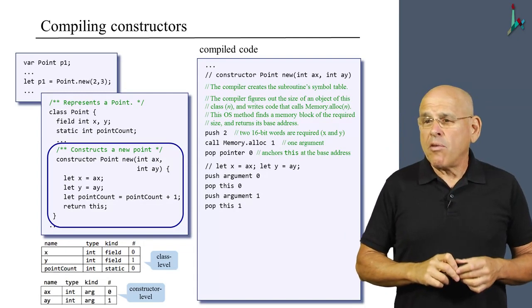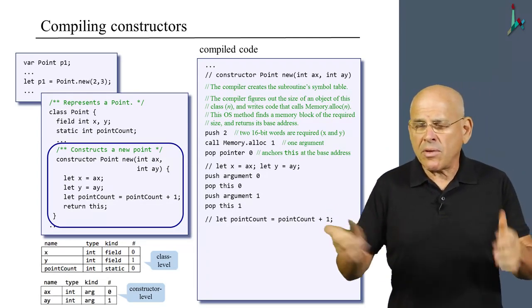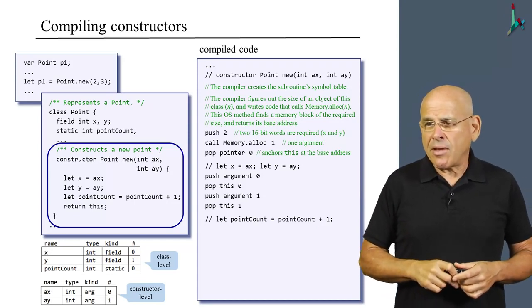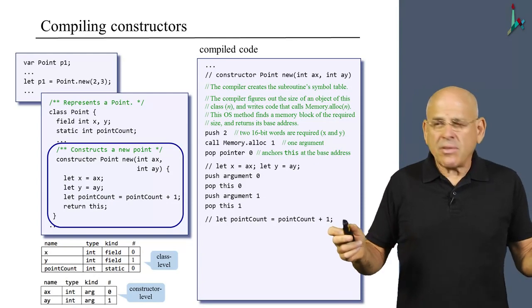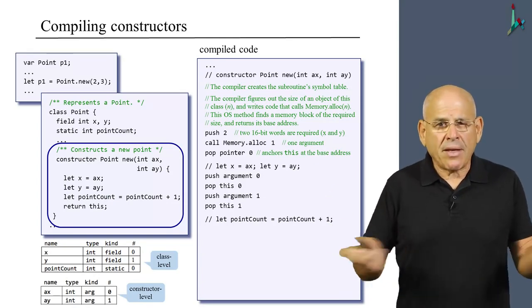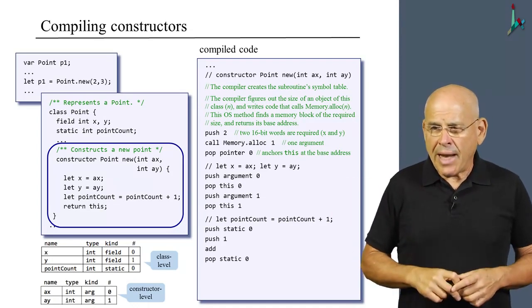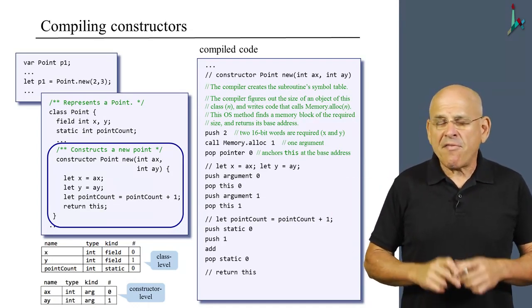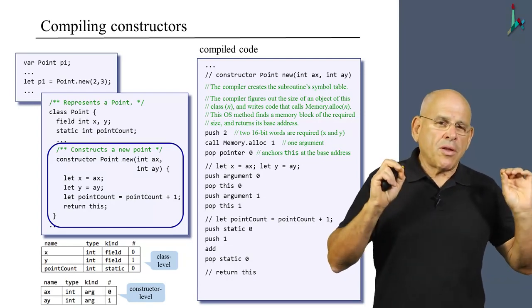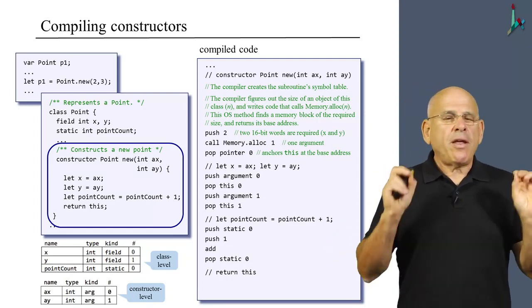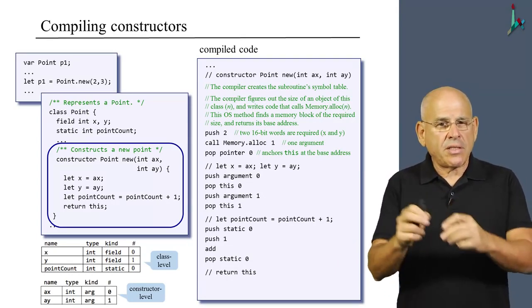All right, moving along, I have to handle let pointCount = pointCount + 1. And this is not terribly interesting because I'm not manipulating any objects here, so I'm not going to belabor it. And finally, and that's very important, according to the rules of the game, every Jack constructor must end with a return this statement.